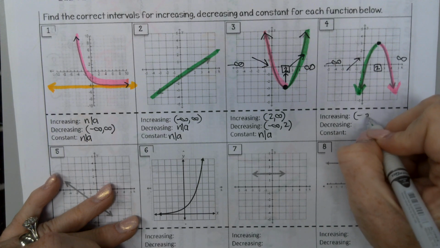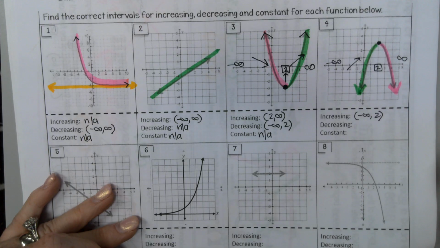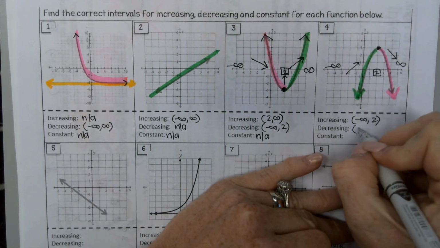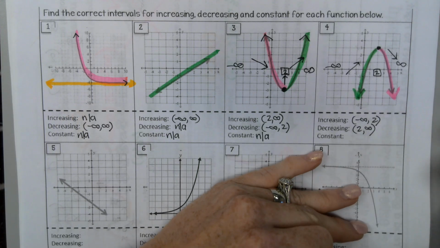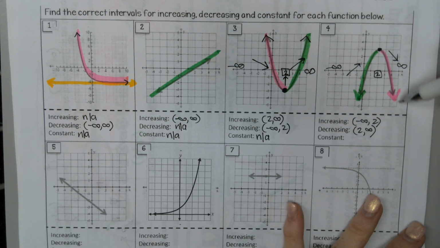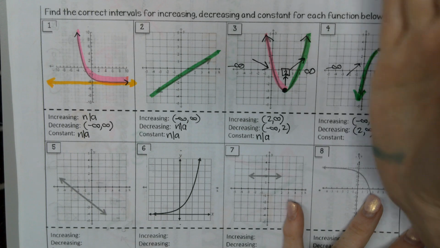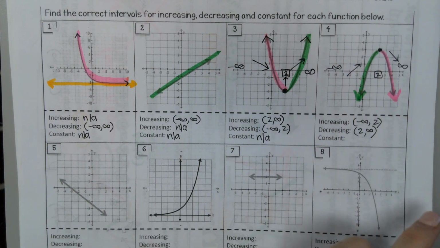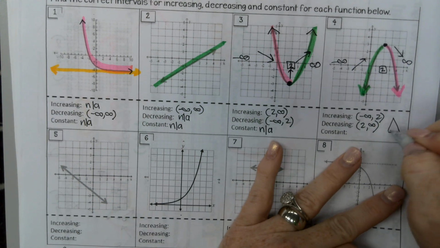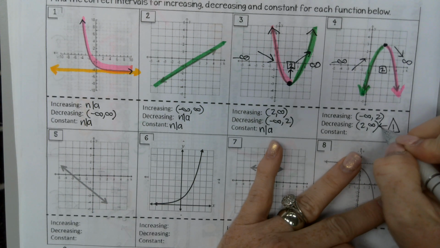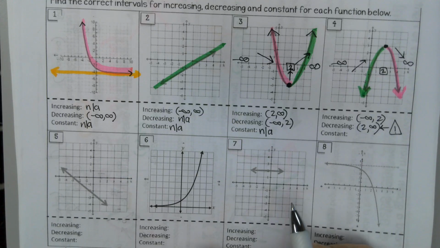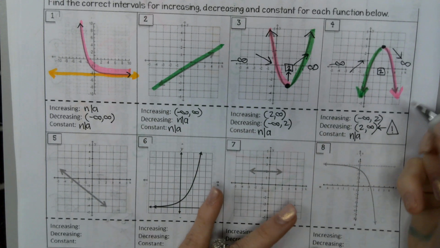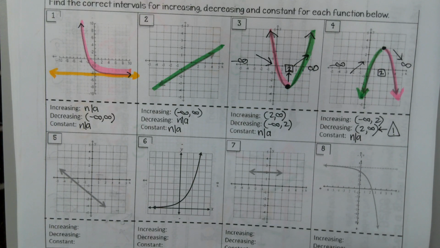So it is increasing from negative infinity to 2, and it is decreasing from 2 to positive infinity. Even though it's going down, I'm still moving to the right. I'm going to put a caution sign right here because this is where you are going to mess up. It is never constant. Okay?